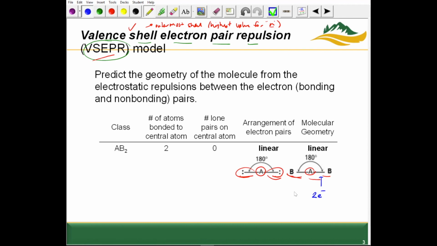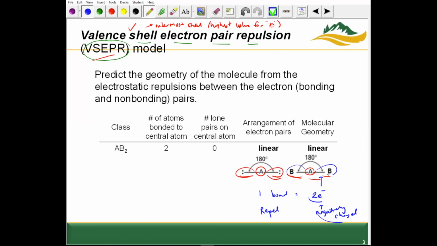And we can look at this because we know within each single bond that contains two electrons that are negatively charged. Areas that are negatively charged are going to repel one another. So negatively charged bonds or lone pairs of electrons will repel one another, meaning they want to be as far apart as they possibly can.